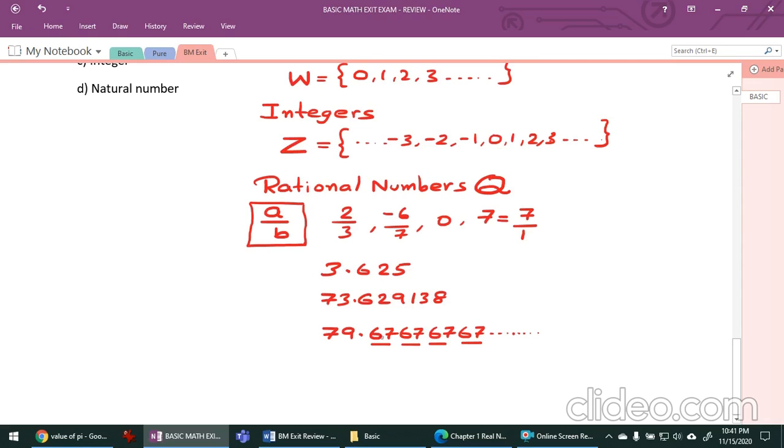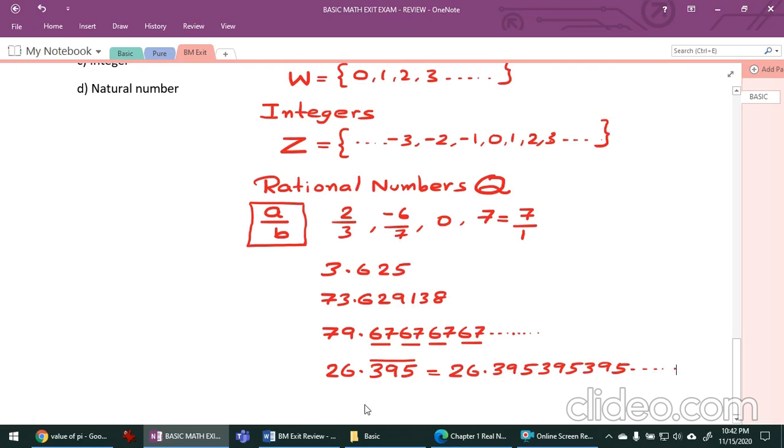If it is not stopping, still okay, but it should be repeating. So I can write 26.395 with a bar over it, which means 26.395 395 395 etc. It is not stopping but repeating, so this is a rational number.